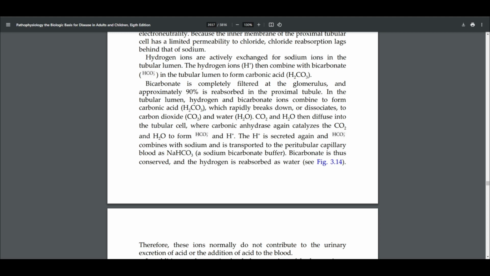In the tubular lumen, hydrogen and bicarbonate ions combine to form carbonic acid, which rapidly dissociates to carbon dioxide and water. CO2 and water then diffuse into the tubular cells, where carbonic anhydrase again catalyzes CO2 and water to form HCO3 and an extra hydrogen ion.